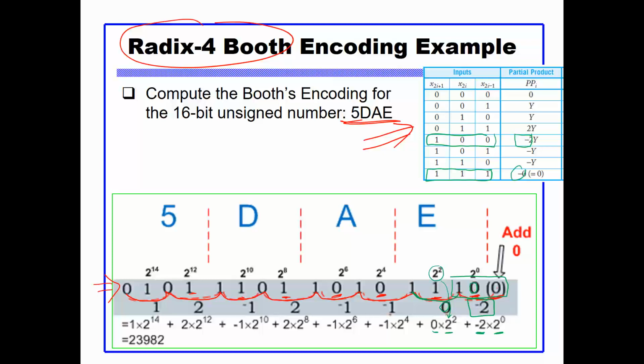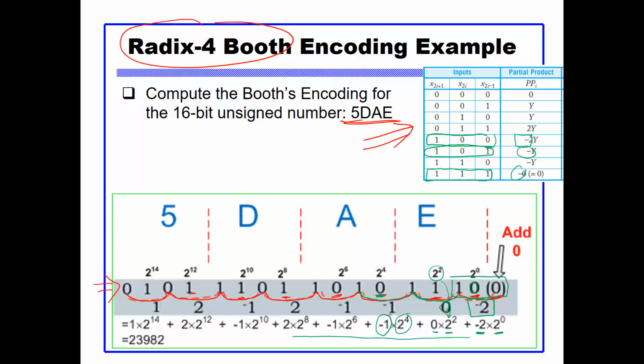Okay, let's take a look at the next 3 digits. 1 0 1, which is right here. This is -1. So what's the weight of this digit right here? Look at the center bit here. The weight of it is 2 to the 4. So 2 to the 4 multiplied by -1.